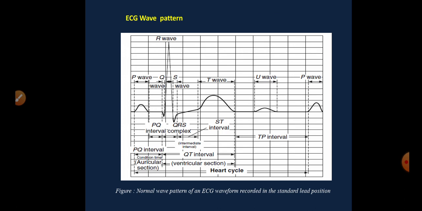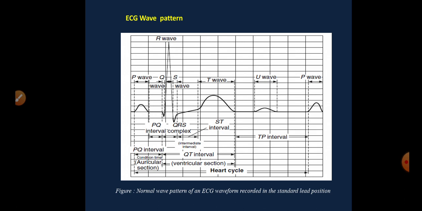Okay, from the figure, you can observe a normal waveform pattern of an ECG recorded in the standard lead position. The PR or PQ interval, measured from the beginning of the P wave to the onset of the R or Q wave, marks the time an impulse leaving the SA node takes to reach the ventricles.